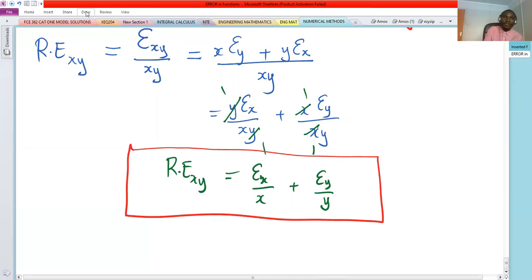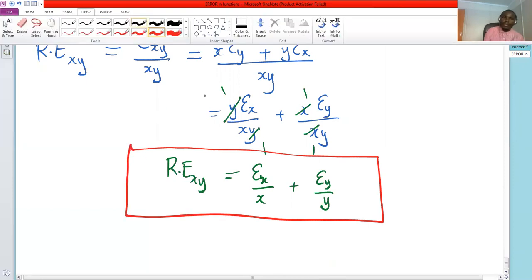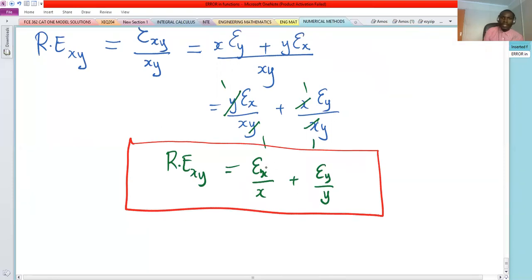And as you can see from this formula, the first part here is just the relative error in x, and the second the relative error in y.